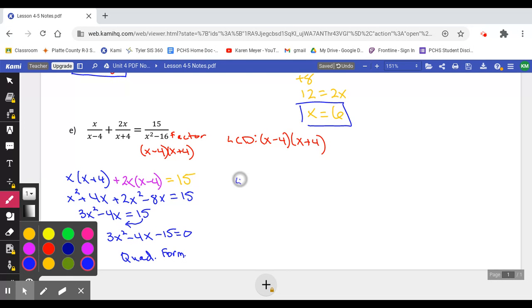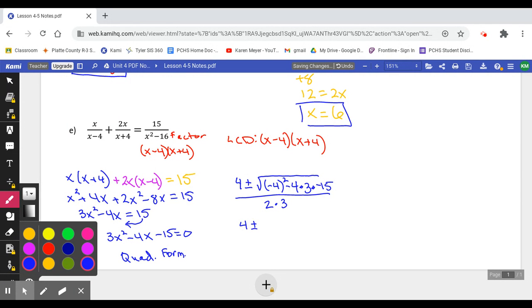So opposite of b would be positive 4 plus or minus square root of regular b, which is negative 4 squared. Make sure you put that in parentheses on your calculator. I'll give you the wrong answer. Minus 4 times a, which is 3, times c, which is negative 15, all over 2a, which would be 2 times 3.